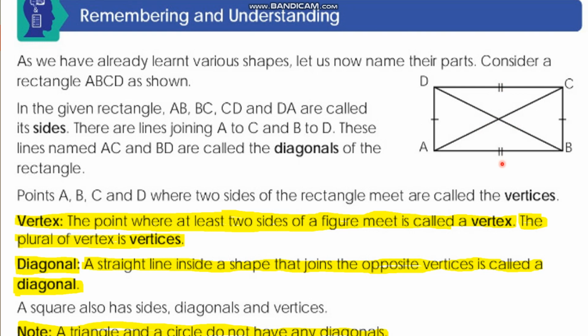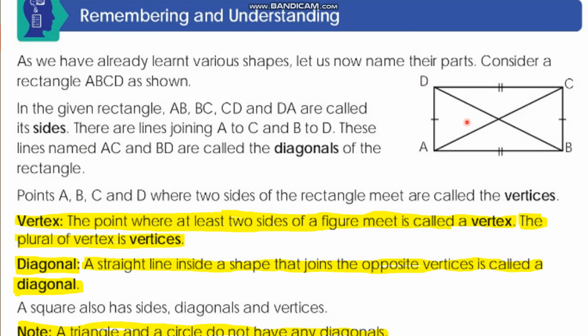And we know in a rectangle the opposite sides are equal. So here two lines and two lines show these two are equal and these two are equal. Got it, children? Okay, is it clear how to name the sides?